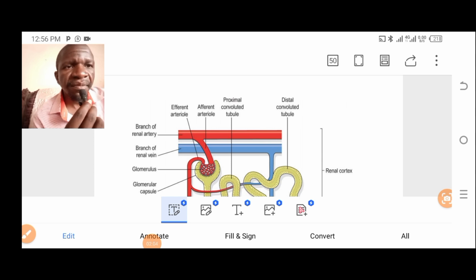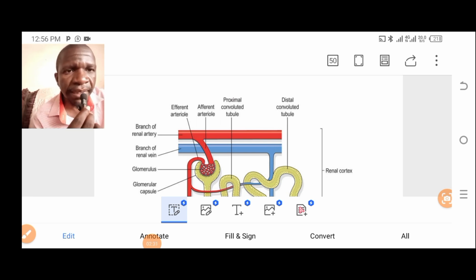Here it is. From this branch of the renal artery that you are looking at, we have the afferent arteriole. This afferent arteriole will further divide to form a network of arterial capillaries, which is called the glomerulus.